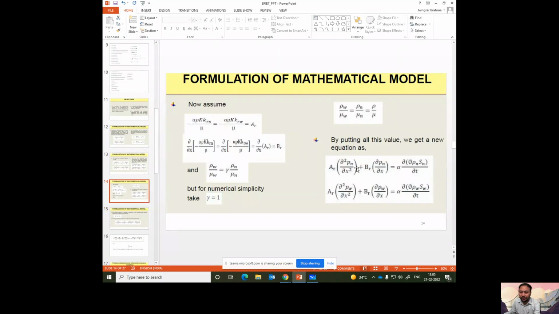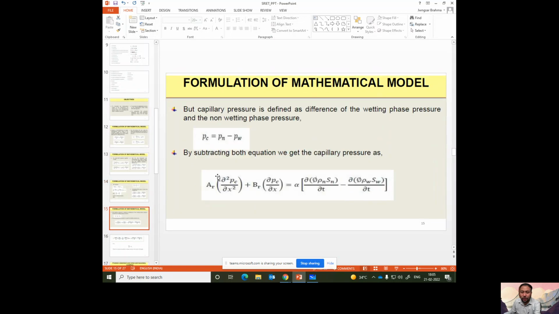Why are we subtracting here? Because we are talking about the capillary pressure, the pressure difference between the non-wetting phase and the wetting phase. So we have subtracted this minus this, and we get this equation.